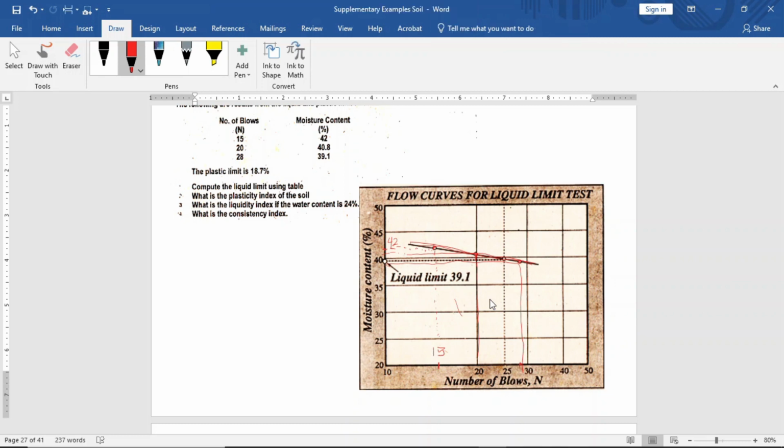We look for the moisture content after 25 blows. So our liquid limit at 25 blows is 39.1%.